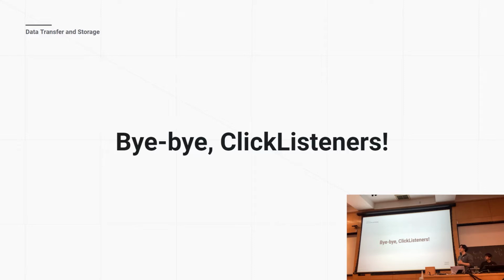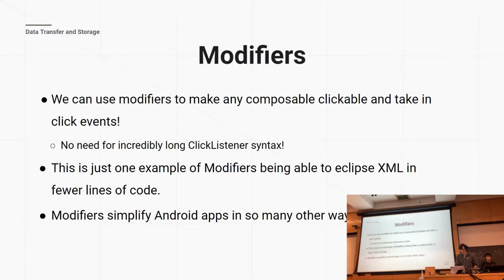You no longer have to set up these listeners with all this additional syntax. Now, with a modifier, you can make any composable function a clickable piece of UI, and as a result, we do not need that syntax. You just have to add this clickable component to it.